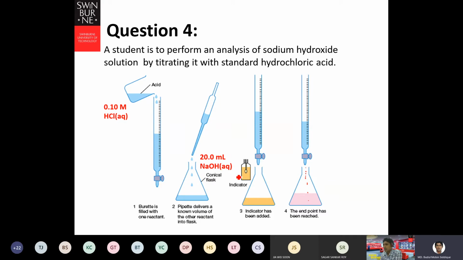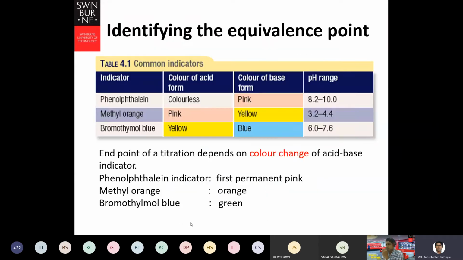By adding every drop and then swirling it, until the color changes to a permanent color other than the one we started with. So that will be the titration. Now that is our titration process.